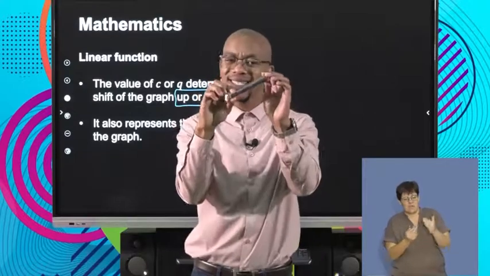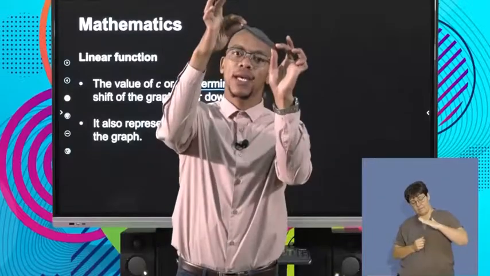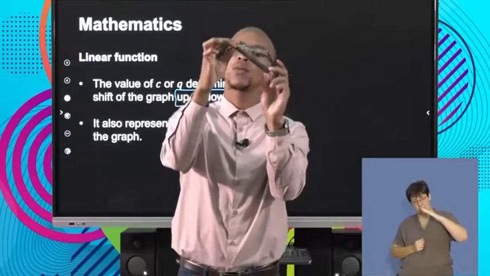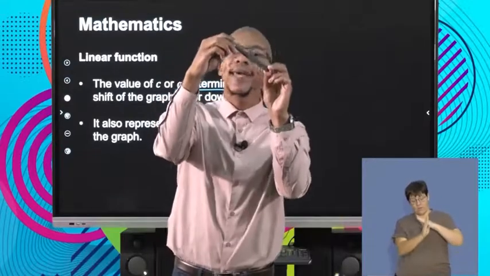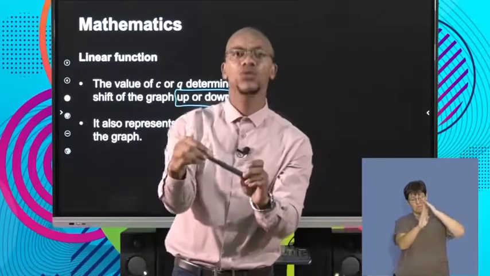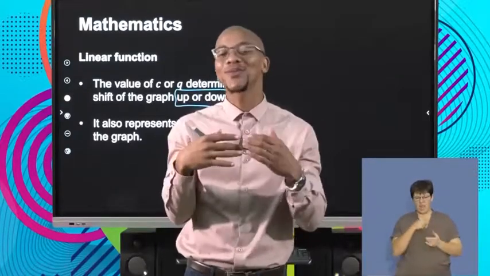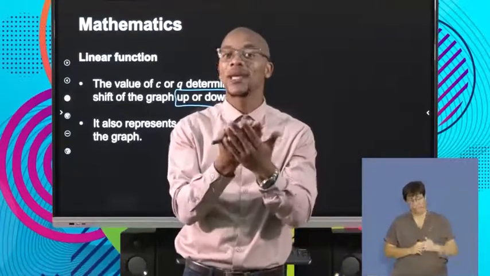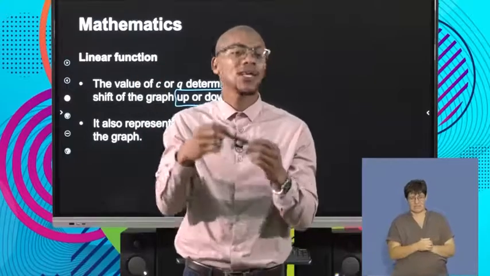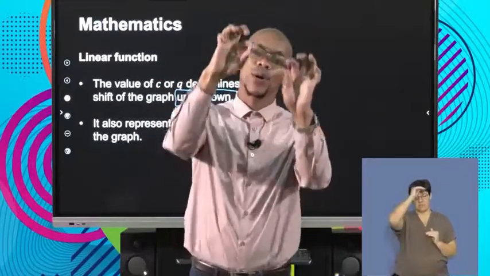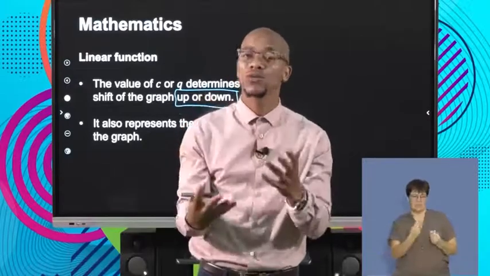You don't tilt it or anything, no. As is, you just slide it 1 unit up. If I say x plus 2, you slide it 2 units up. x minus 2, you slide it 2 units down. But I will show you this. You won't be required to slide them on paper. No, you are going to write them down and analyze certain things. But you are just sliding it either up or down. That's what the value of c or q really has to do with.